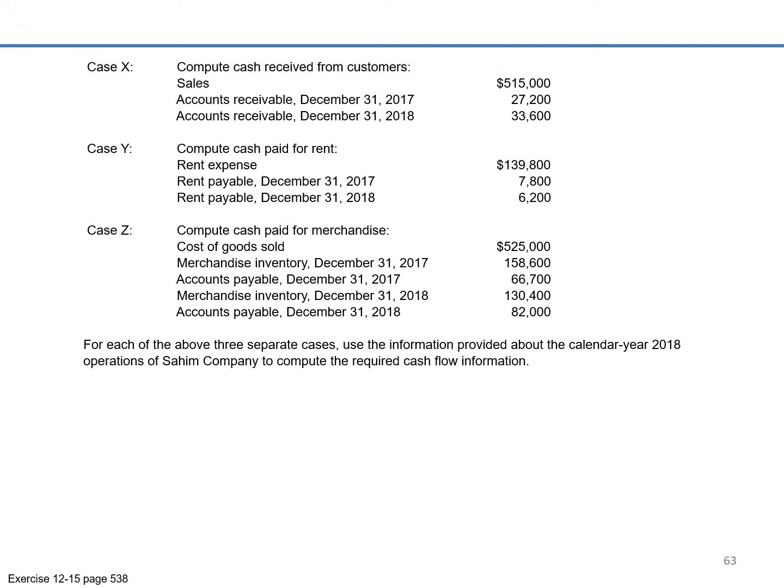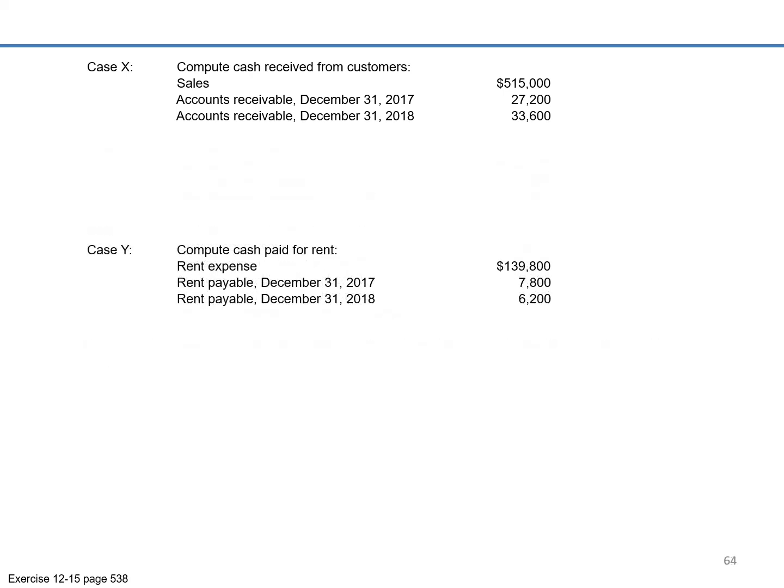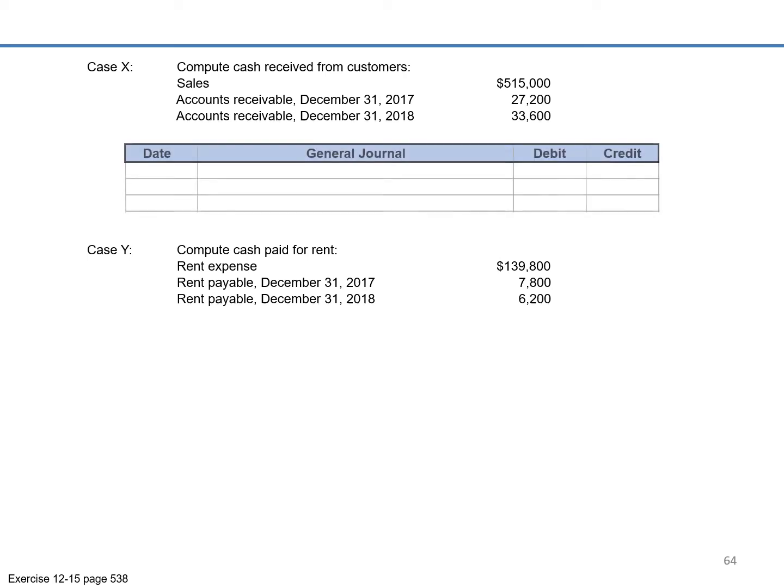Okay, exercise 12-15. All right, so they want us to, in each of the 3 separate cases, use the information provided to compute the required cash flow information. So in case X, compute the cash received from customers using the following information. So if we have sales of $515,000, that's credit, right?